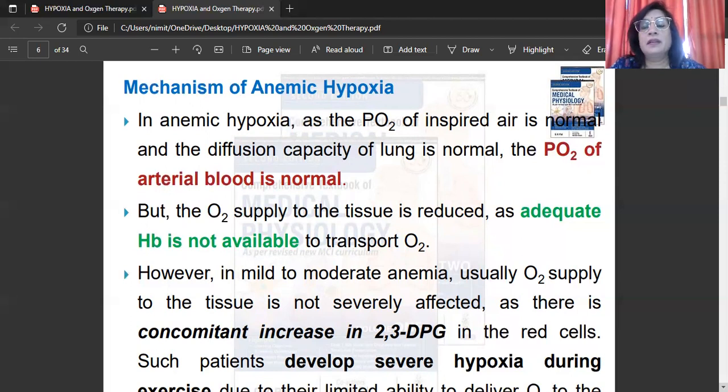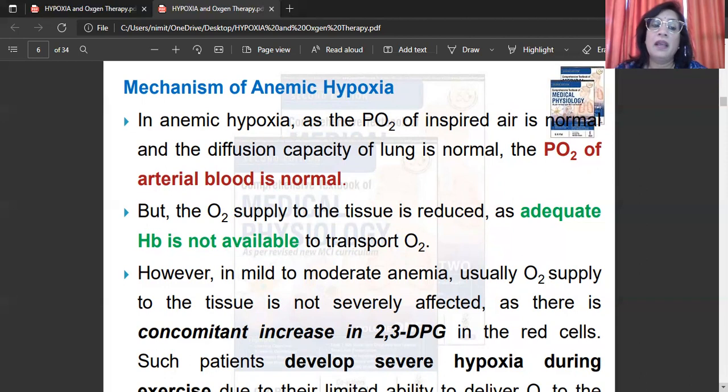The PO2 of the arterial blood is normal, but oxygen supply to the tissue is reduced. Underline. Why is it reduced? Because adequate hemoglobin is not available.